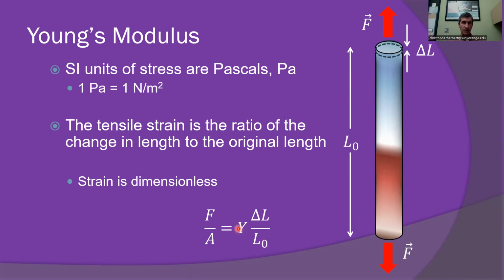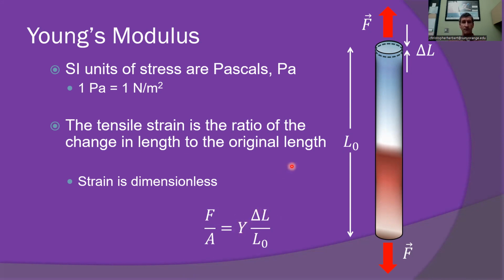Now, let's take a look at the units here. The stress that we place on this is in units of newtons per meter squared, so that's pascals. The change in length over the overall length makes strain dimensionless. It has no units associated with it. It's just a ratio of how much does it stretch compared to the original dimensions of the material.